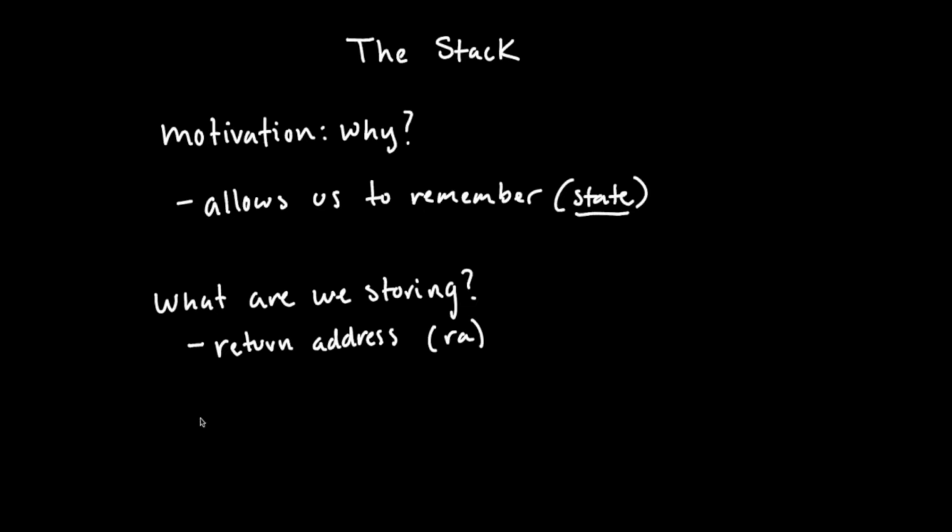So what's next? Well, we also have local variables. Each function may have its own variables, which should not interfere with those of the other functions. The stack keeps these locals during each function call. We also have the function arguments or parameters.